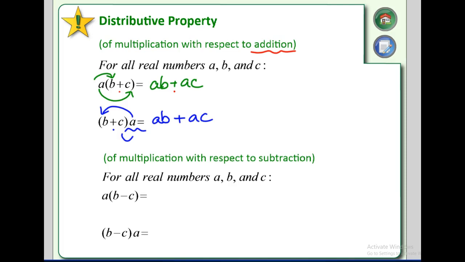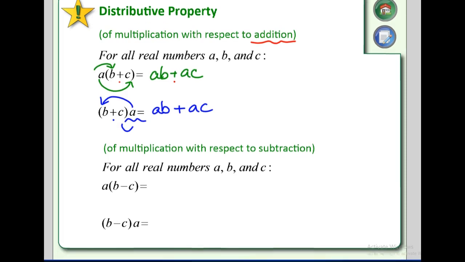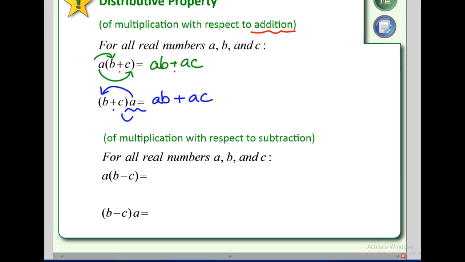So we get the same answer whether the number is in front of the parenthesis or behind the parenthesis. Now, let's look at the bottom, and we're going to see I can also use distributive property of multiplication with respect to, let's go with a different color, subtraction. Okay? All right, so let's look. What do you notice different between the top 2 equations and the bottom 2 equations?